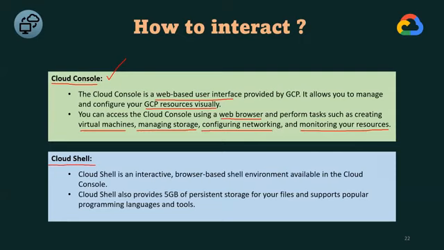It also provides you 5 GB of persistent storage disk for your files and supports popular programming languages and tools. So what is Cloud Shell? It is a browser-based shell environment where you can interact with GCP resources.